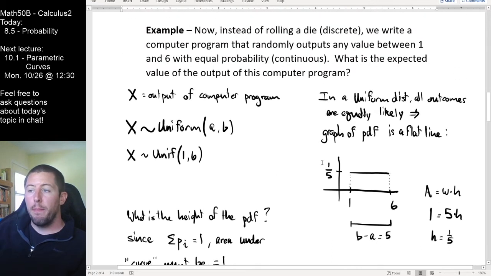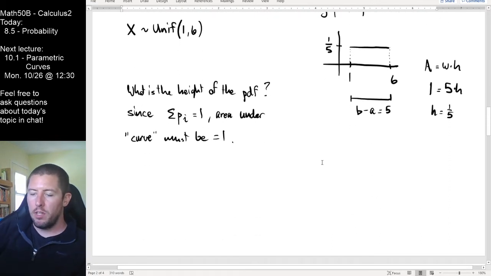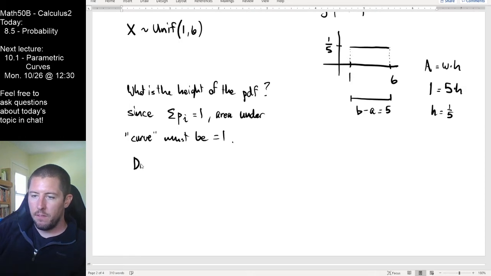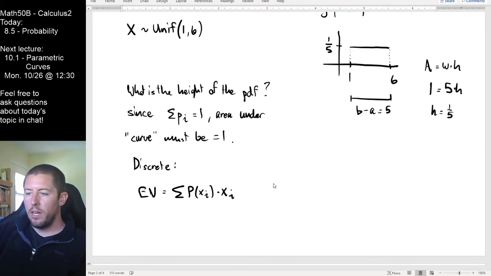What I want to do is compute this expected value. So in our discrete setting, we said that our expected value is equal to the sum of the probability of x sub i times x sub i itself. So all we're going to do in our continuous case is just upgrade this to be an integral, so that we get all of the probabilities times x of all of the x values from 1 to 6.